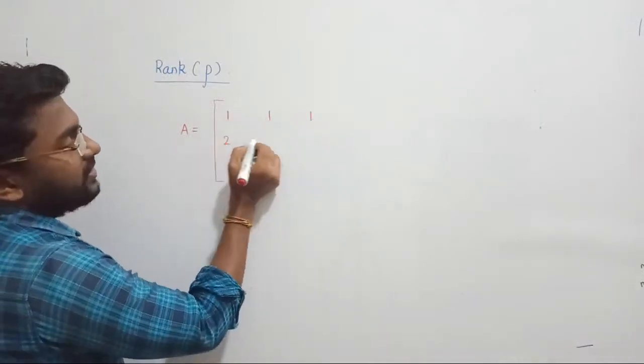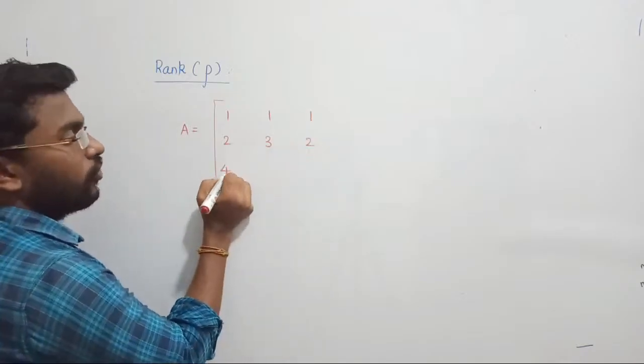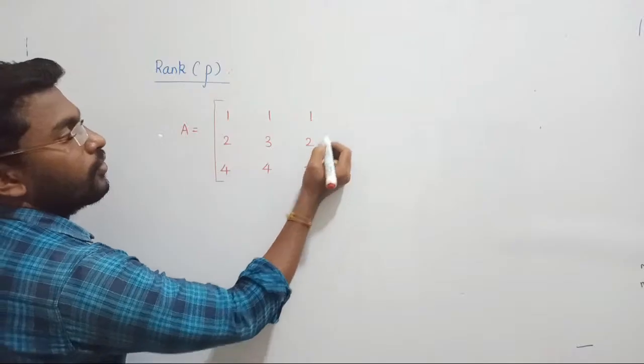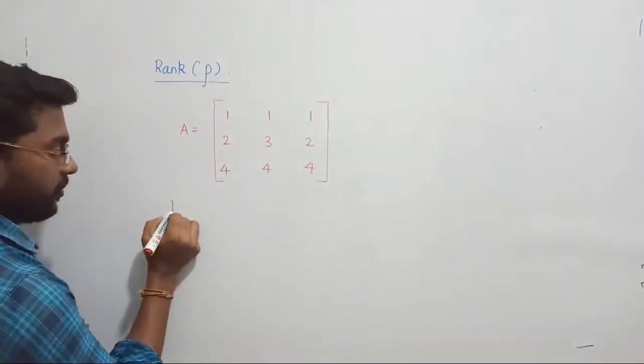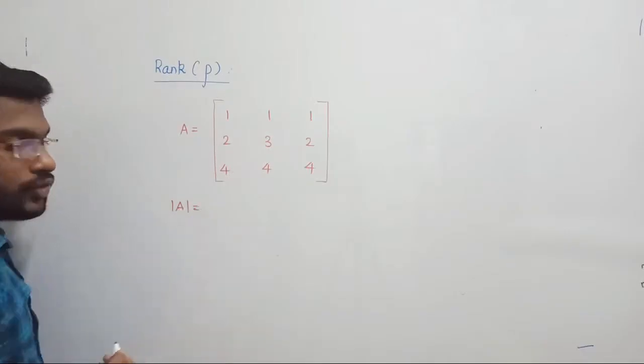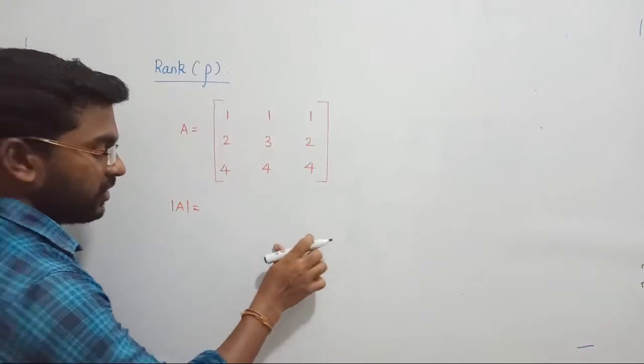1 1 1, let us select 2 3 2, let us select 4 4 4. Now let's find out the determinant of the matrix. We are in a 3 cross 3 matrix.